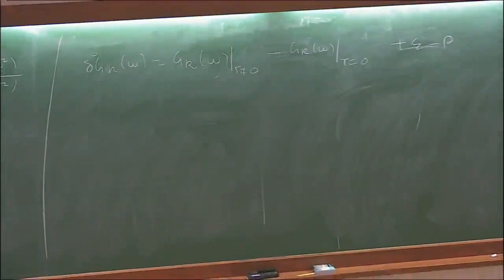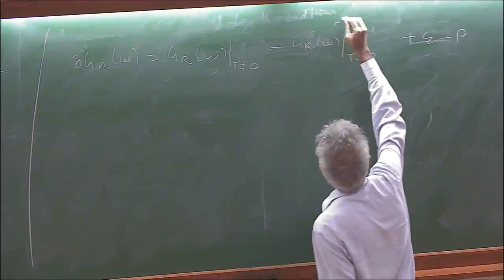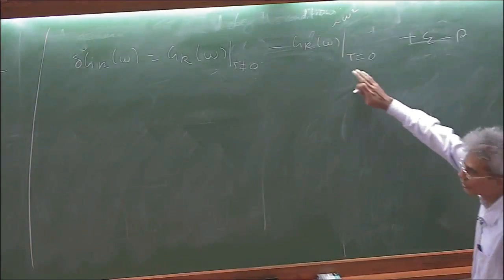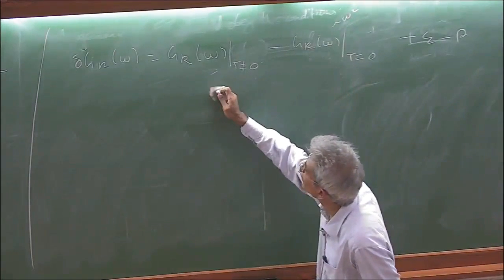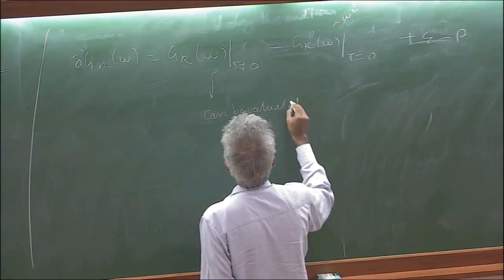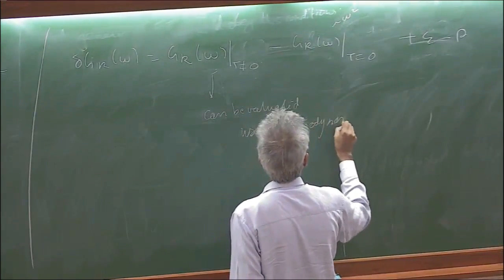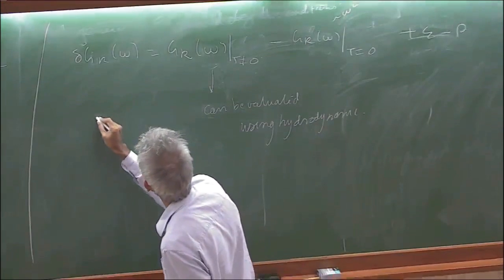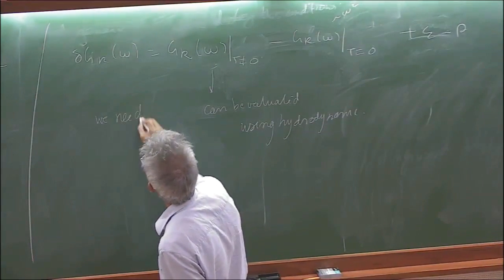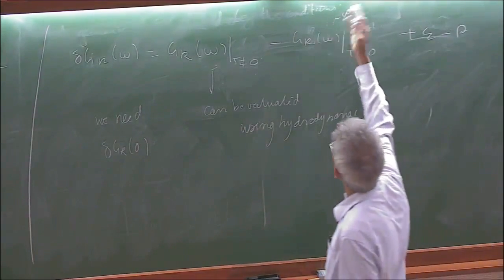Now, the right-hand side of the sum rule is basically evaluating this at 0 frequency. It's basically an omega squared kind of term, and that goes to 0 at 0 frequency, and this one can be evaluated using hydrodynamics at omega equal to 0. Let me step again. We need delta GR at 0. At delta GR 0, this goes to 0.